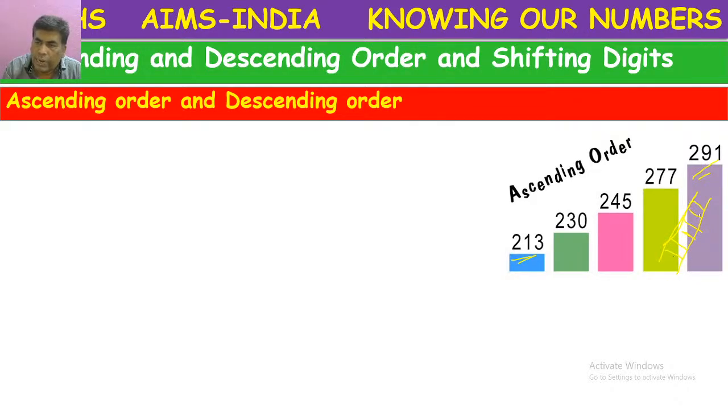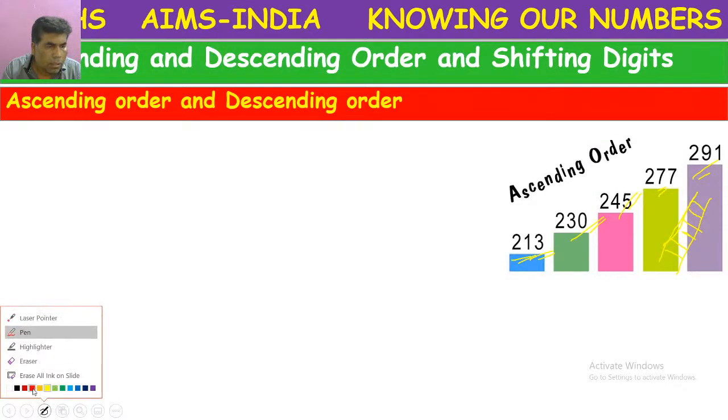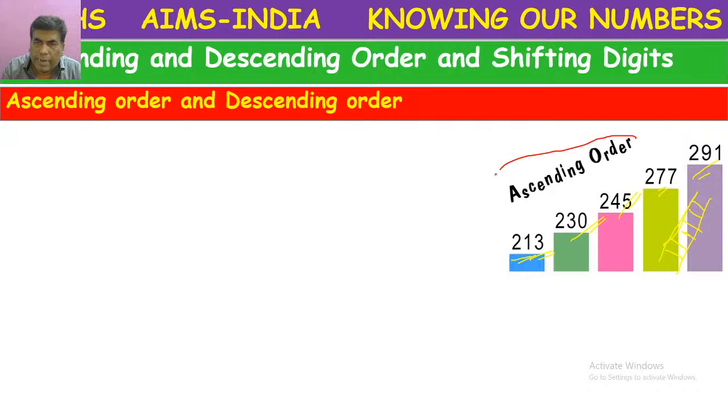Ascending from downwards to upwards, like climbing up. So this order is called ascending order. Writing the numbers from smallest value to largest value in order, we call it ascending order.